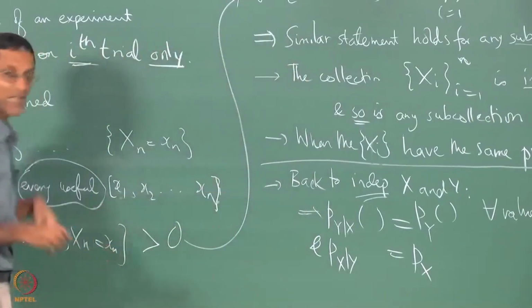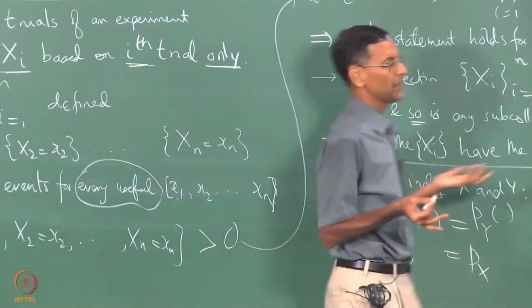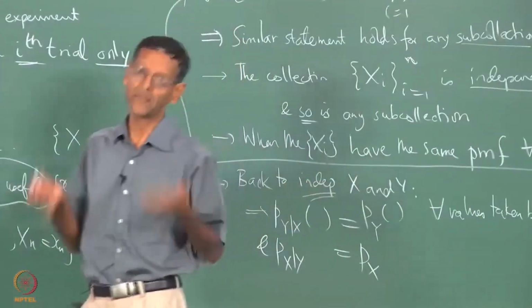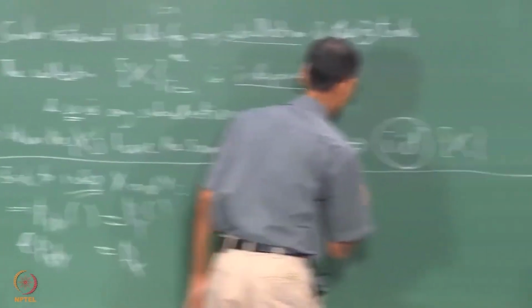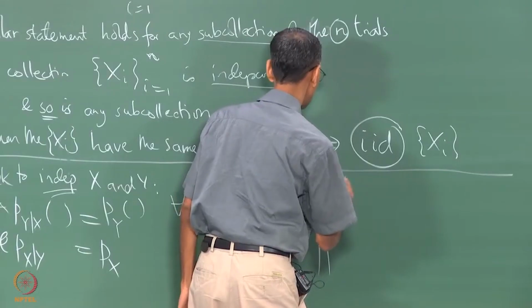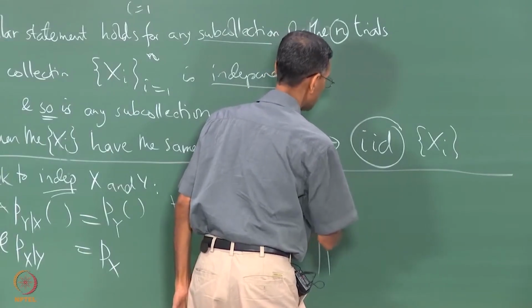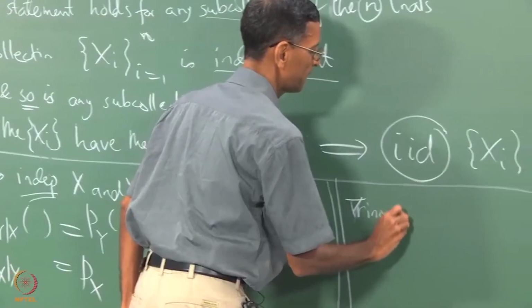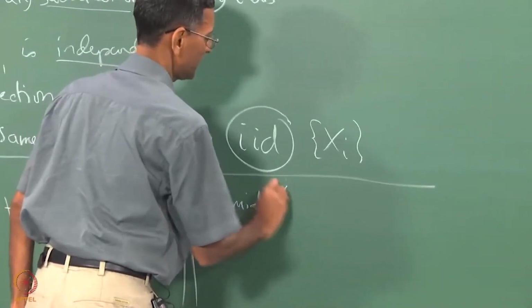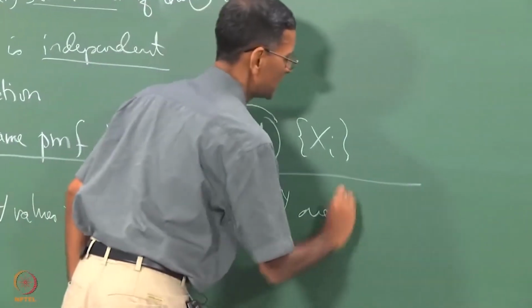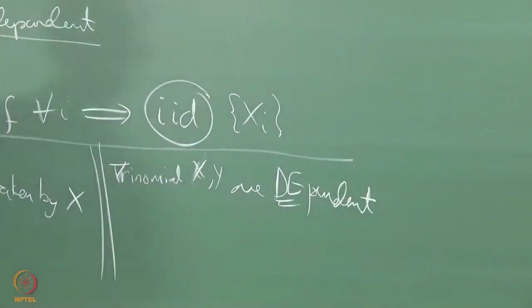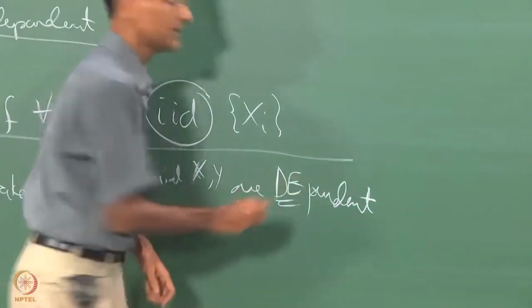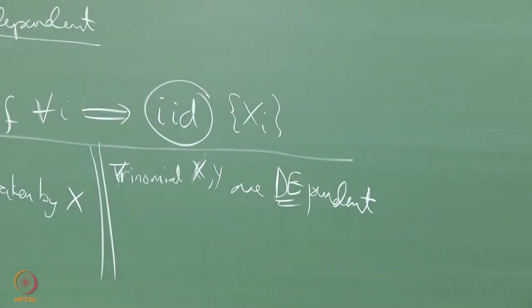Okay. Clearly, the dependent case. What is the opposite of independent? Dependent, right? So if X and Y are, for example, the trinomial case, remember, they are dependent, with a stress on the syllable D, right?